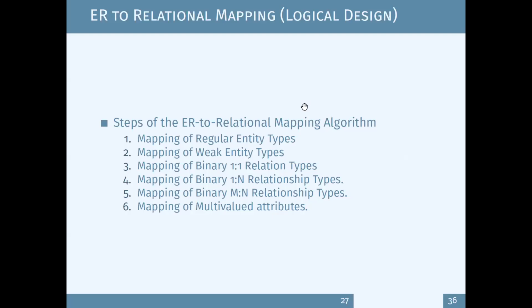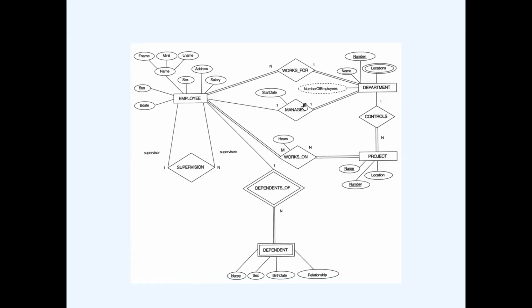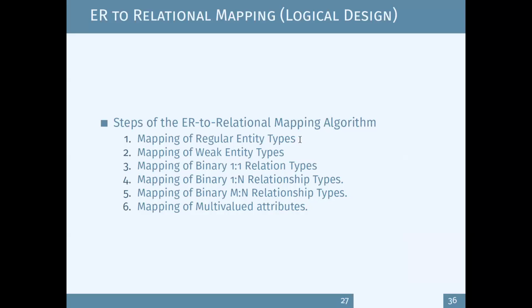Okay, second one. How many one-to-many relations are here? Yes, exactly. We will have 4 one-to-many relations, right? Okay, that's the first step.